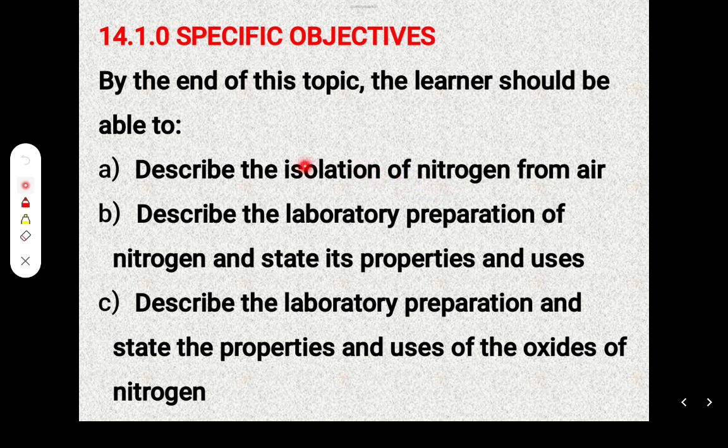In other words, describe the process of separating the mixture of air. Remember that air is a mixture comprising nitrogen, which makes up the most abundant portion at 78%, oxygen, carbon dioxide, some noble gases, as well as water in the form of vapor.